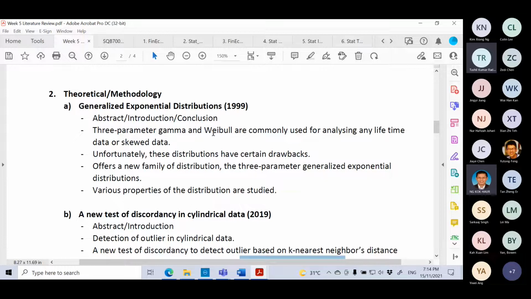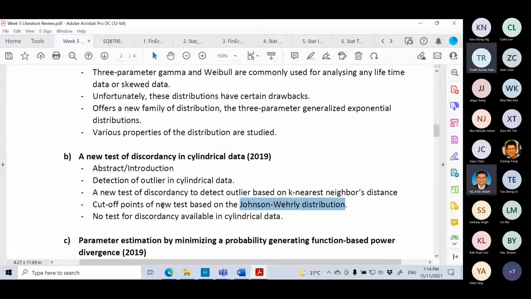It is the same as the example here. The 3-parameter gamma and Weibull are already available, but these researchers propose the 3-parameter generalized exponential distribution, which is more flexible than the gamma and Weibull, or they try to address certain drawbacks of these two distributions. So similar to here, this is the summary I can get from this paper. Of course, a new test can also be based on other different techniques.